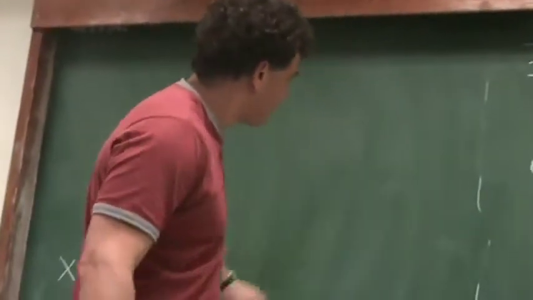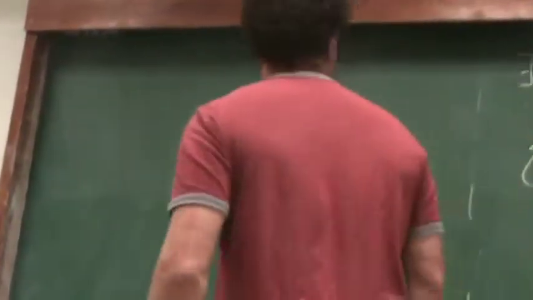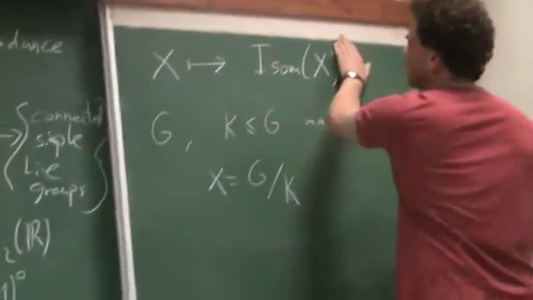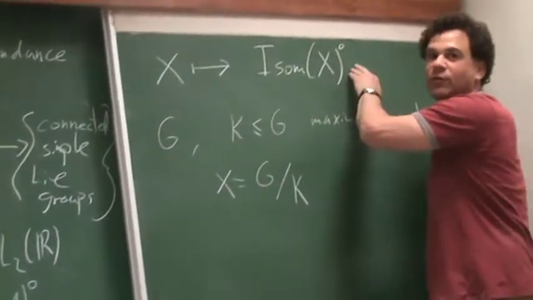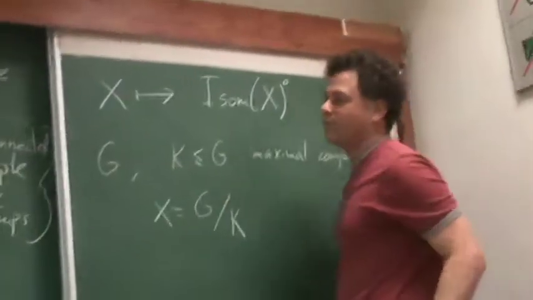Here is another example. By the way, the isometry group of X will always contain the connected component with finite index. So it's almost the same group in general.